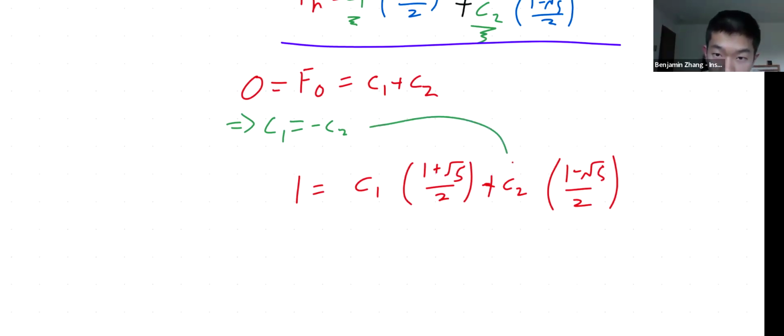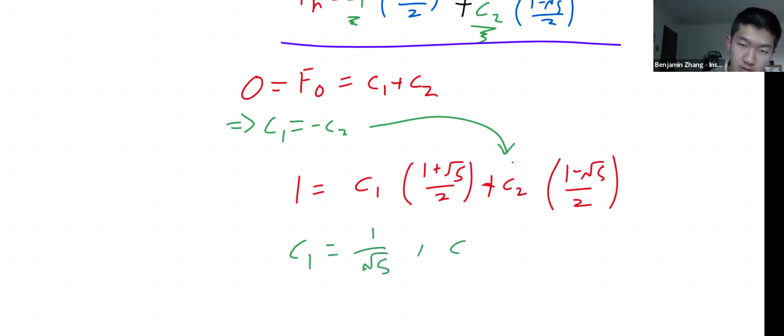I believe what you get is something that we call Binet's formula. After you solve this, I'm sure most of you can solve this. What you get is that c1 equals 1 over root 5, and c2 equals negative 1 over root 5.